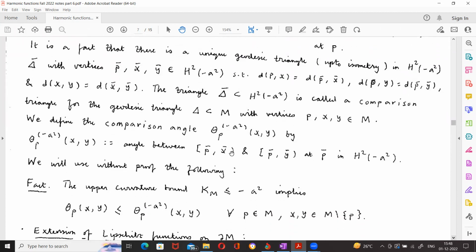Is it clear? Yeah. So that means the angle in the comparison triangle.